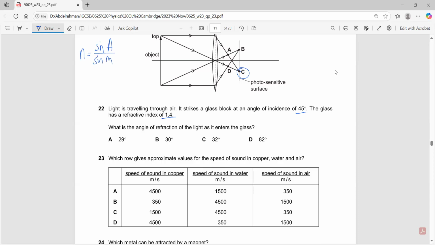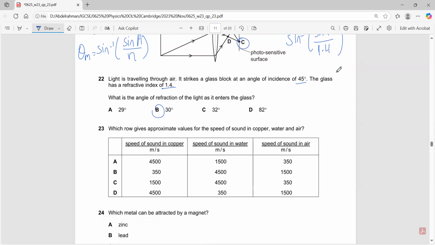To find theta m, it would be sine inverse of sine air over n. So sine inverse of sine 45 over 1.4. This would be around 30 degrees.